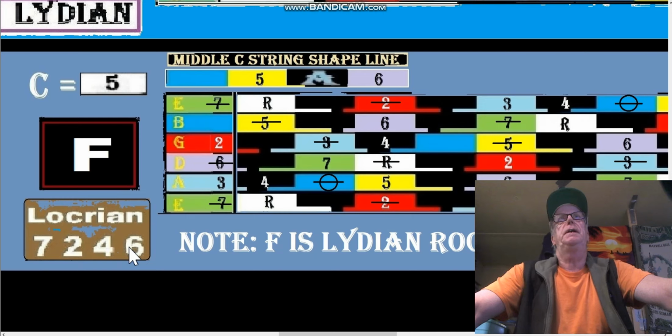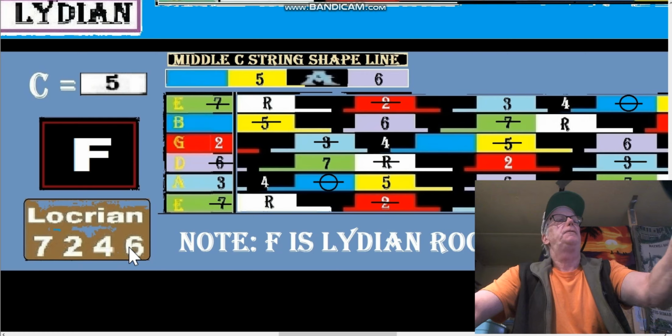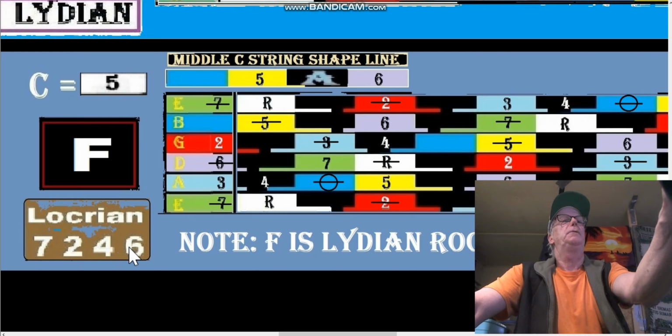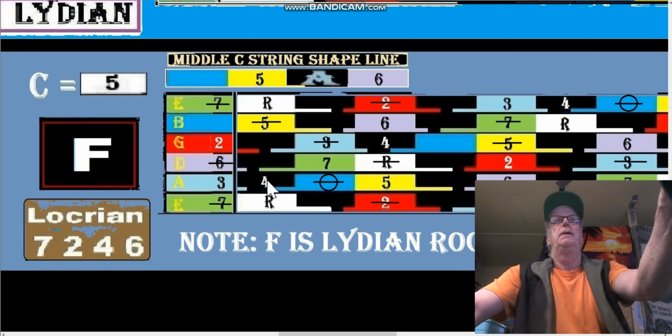The Locrian in F would actually be E, which is the 7th, and then G, which is the 2nd of F, and B flat, which is the 4th of F.